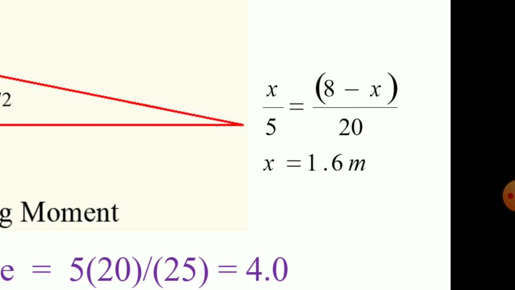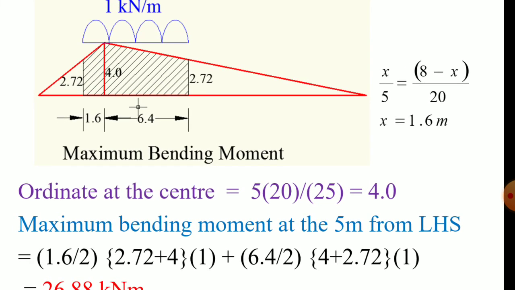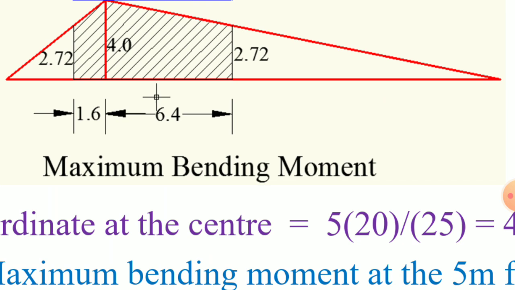So here we have to divide the load in the proportion of the bases. In that context we get x equal to 1.6 meter. So with 1.6 meter here, as shown like this, the remaining is 6.4 meter.